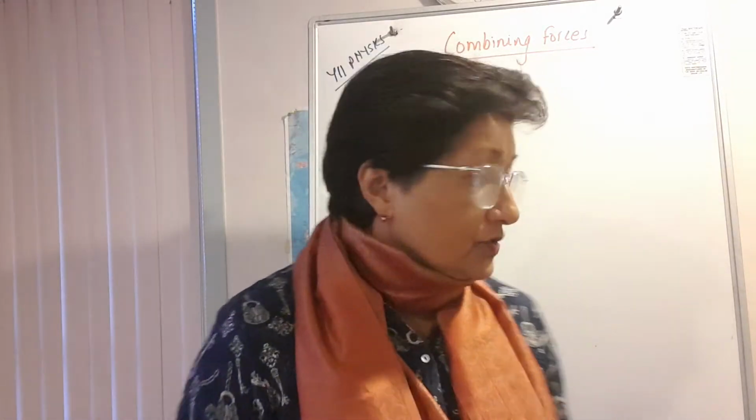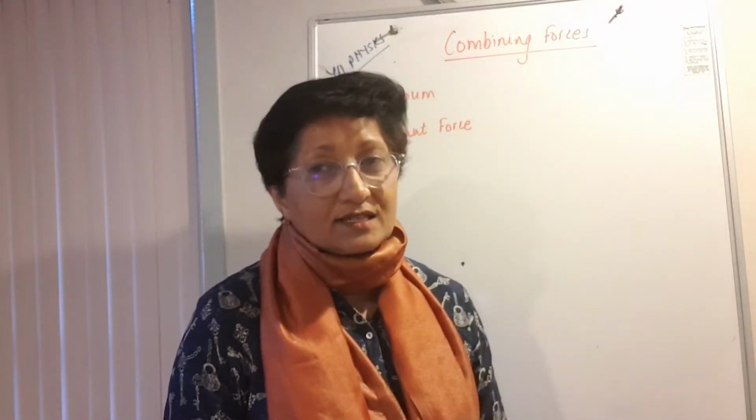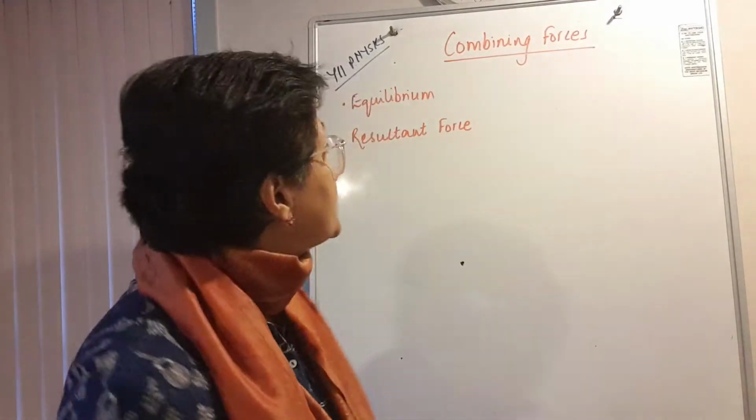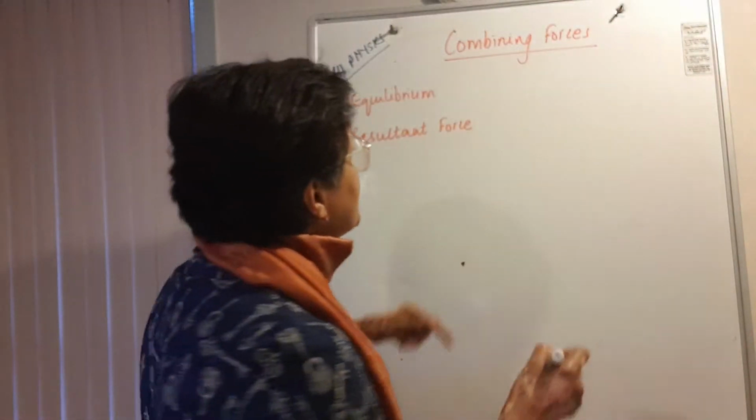To find the effect these forces have on the object, we've got to add them together or combine them to find out: do they cancel each other out, or is there a leftover force? Because forces are vectors, we've got to take direction into account. In order to get the resultant force, you combine them.